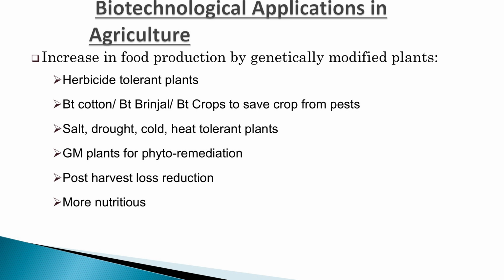I have already introduced this. Today we require quality food, more food, but from less space available. So, we have to have techniques whereby plants can be grown wherever, whatever type of land is available. We have to have organisms that can grow in any adverse condition.